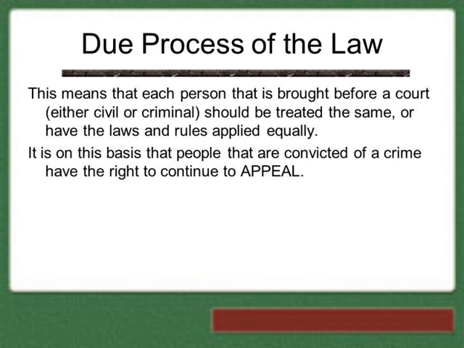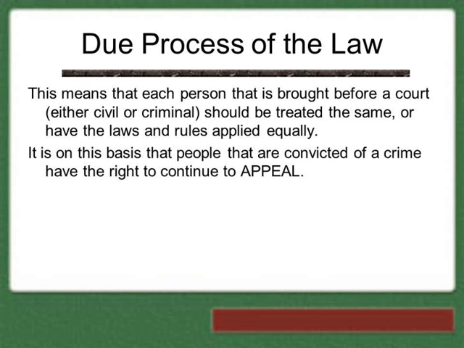I can continue to say while I'm in jail that I think something was done wrong in the way that the law was applied to me. And if I appeal my conviction and some court somewhere down the line agrees that my due process was violated, then I could be given another chance to prove my innocence. I could be given another trial.